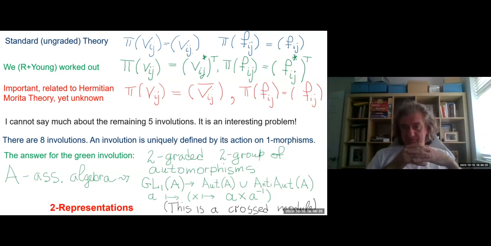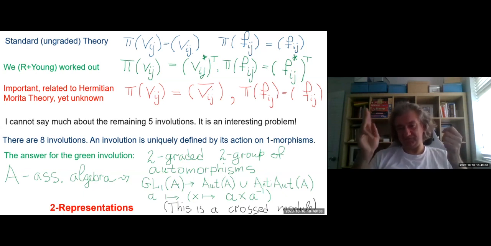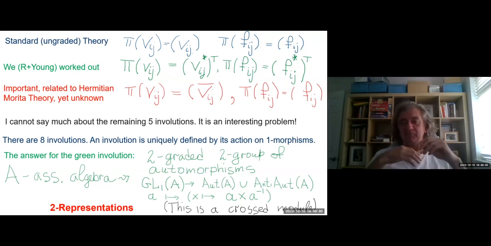Similarly, a two group is a two category with one zero object where every one and two morphisms are invertible. But that's not very nice to work with.